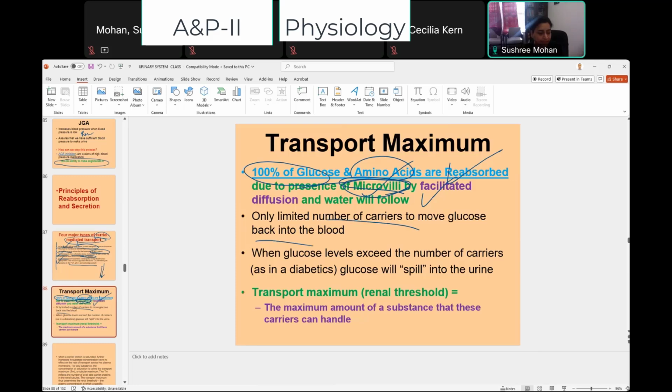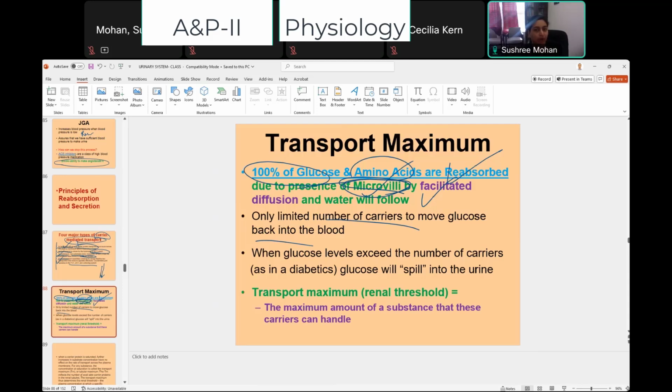Like 20 people can cross the lake and there are 20 ships to carry them. But if 40 people come, then the 20 ships are full, packed. Then you have no way to cross, so you will be kicked out as urine. And that is when sugar or blood glucose ends up showing up in the urine.